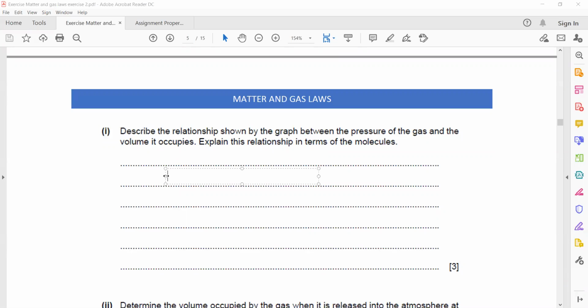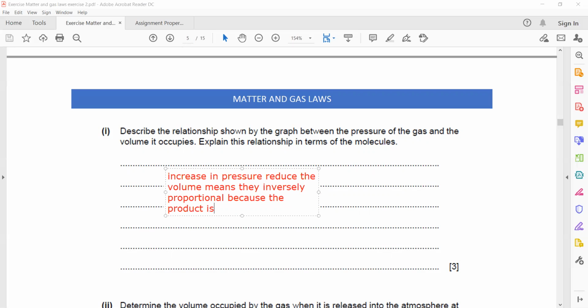So what is the relation? Increase in pressure, reduce the volume, means they are inversely proportional, because the product is constant.